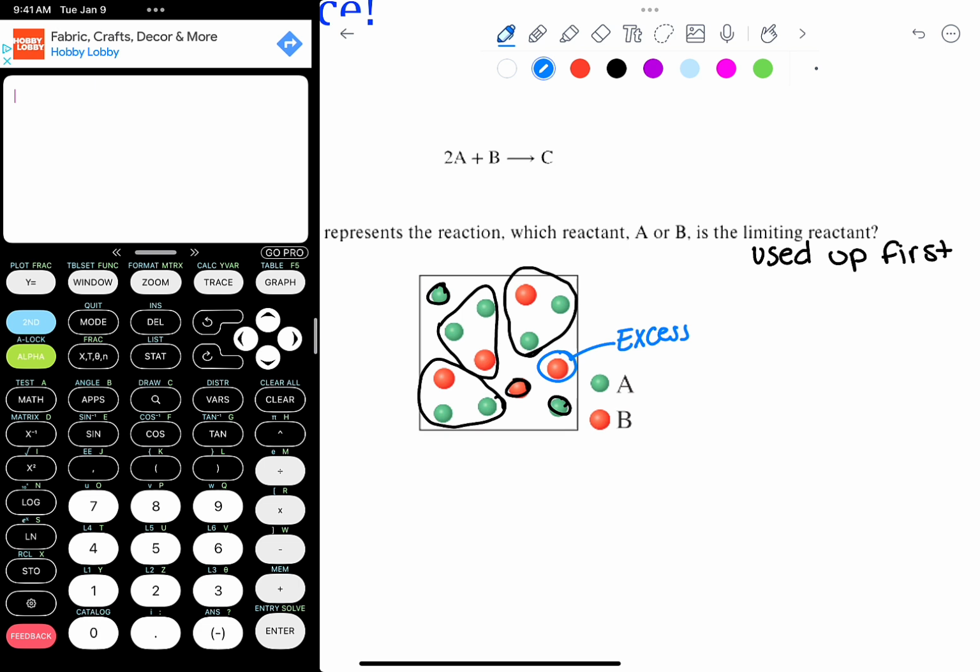So B is my excess, therefore my limiting reactant is A. Because I used up all of my A molecules, my green molecules, I couldn't do anything with my extra B molecule. So I have excess B left over because my reaction was limited by my reactant A.